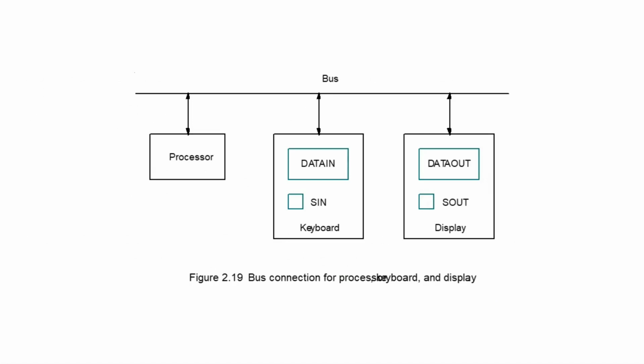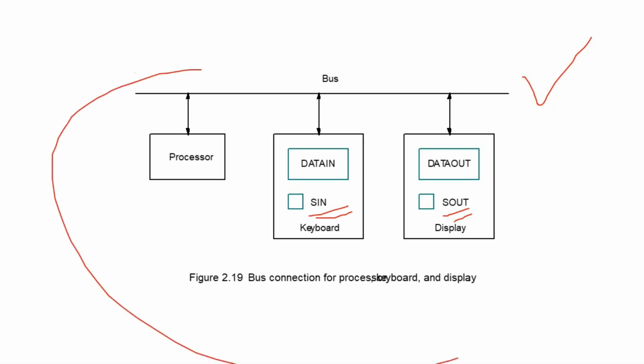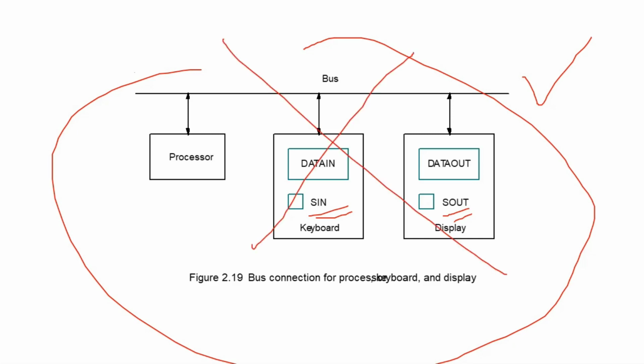So we discussed this signaling solution, that is, using S in and S out in input and output devices to check whether they are ready to receive or send data, from a programmatic perspective. But whether that solution is feasible: this is not the actual solution, because the processor does not communicate with IO devices in this manner.